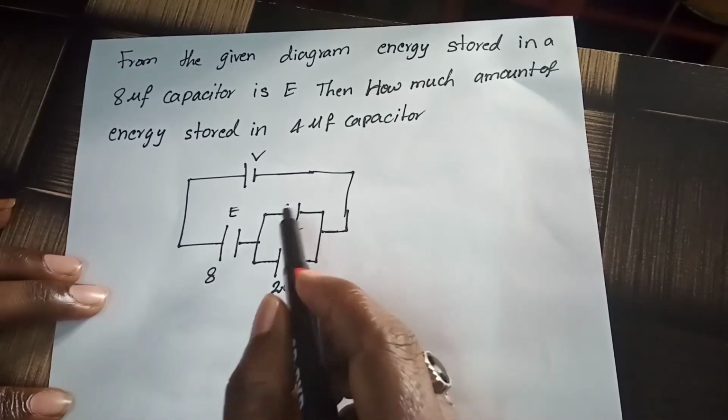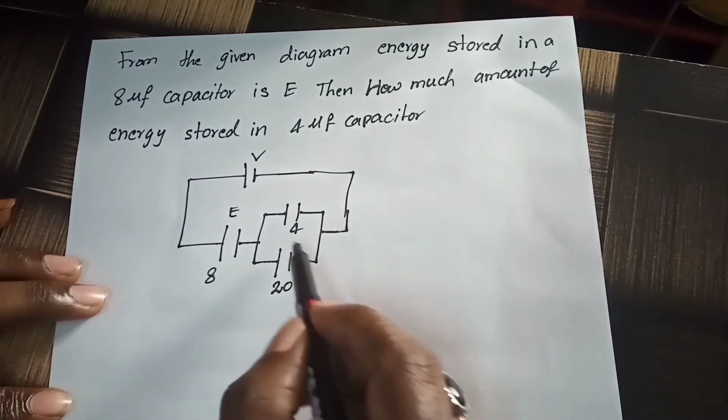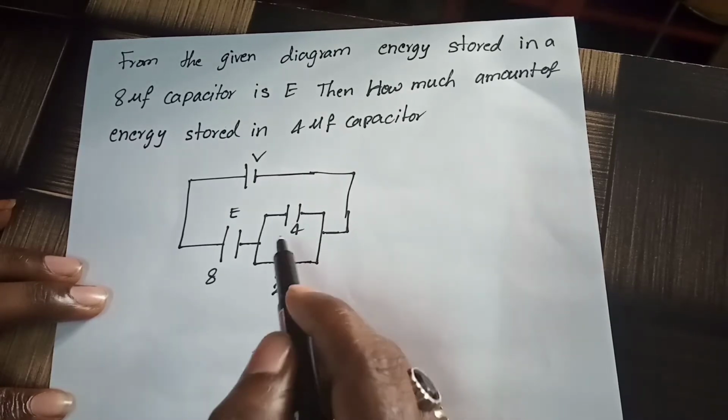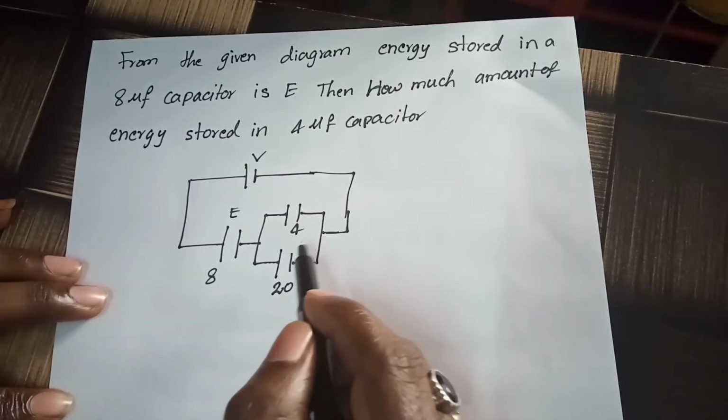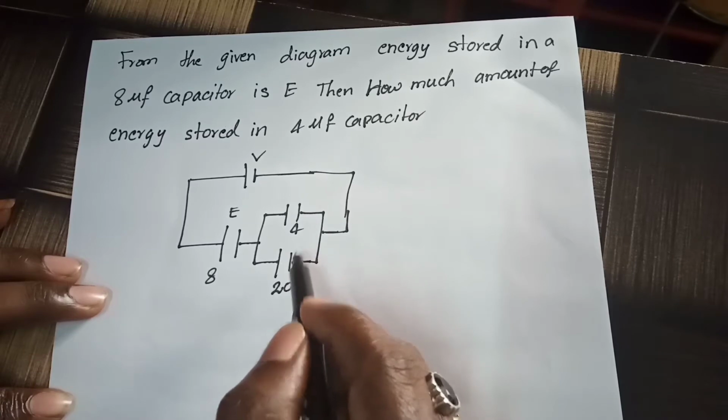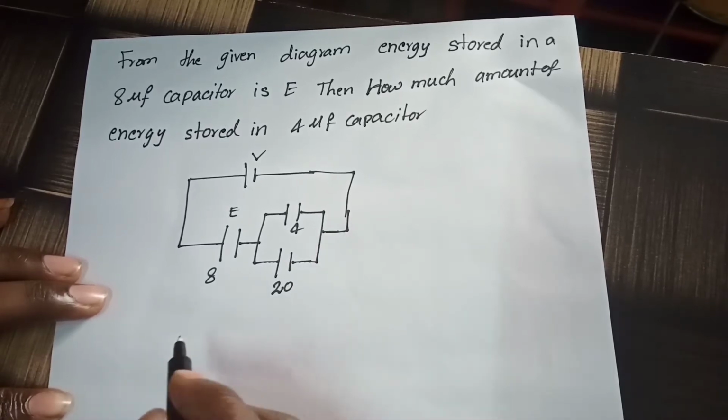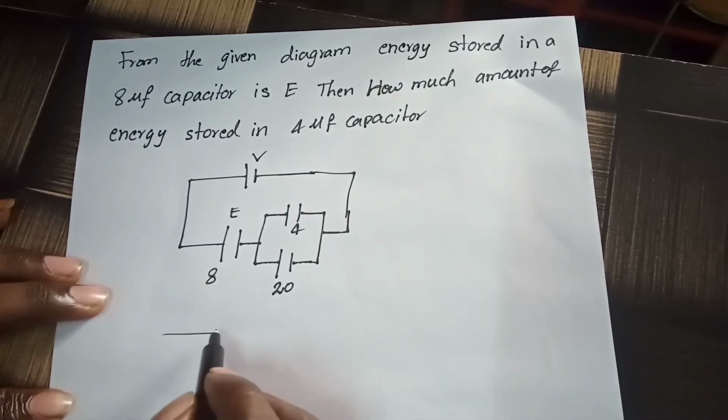In this circuit, these two capacitors seem to be parallel to each other. When capacitors are parallel, the effective capacitance is the sum of the capacitances of these two capacitors. I am modifying the diagram.